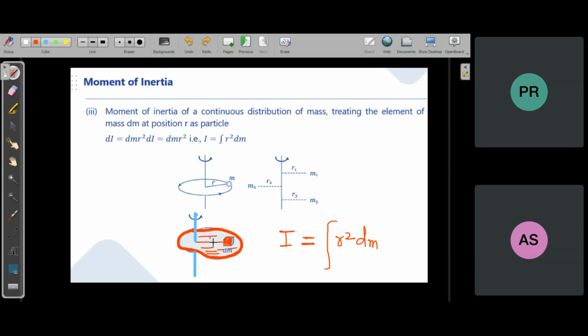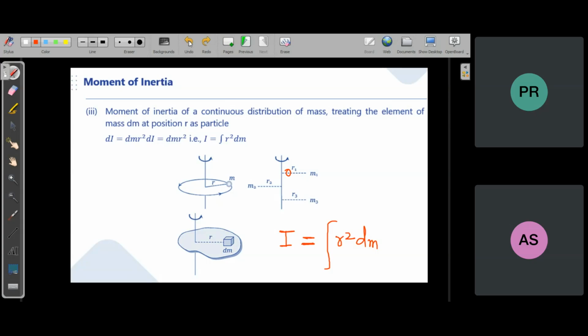But in the case of a body, it is a continuous distribution, meaning the mass is everywhere, here also, here also, everywhere. That is not the case here: here no mass, here no mass, only mass is here. So that is discrete.